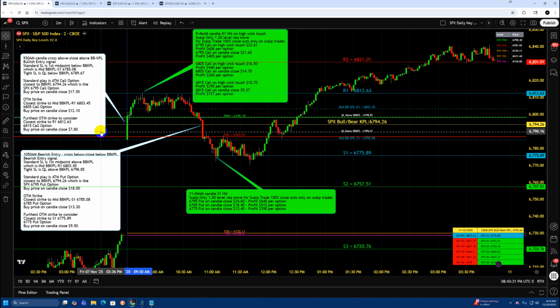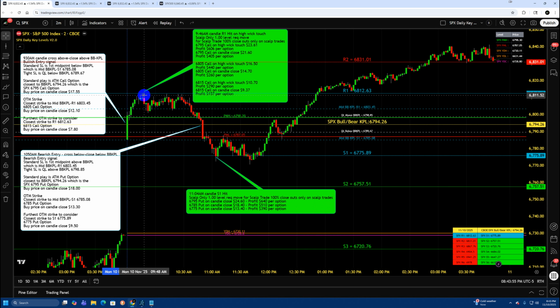There's no scaling out. You close out whatever amount of contracts you have, whether it's 1, 3, 5, 10, 20 or more. However many you're trading on scalps, you close out 100% when it hits that one level move in your favor from the level that you're trading. In this case, the level we're trading, the BBKPL, bullish trade, one level above is R1.